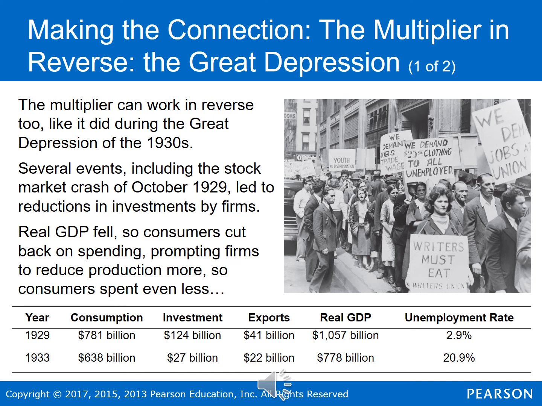And then after Congress passed the Smoot-Hawley tariff in 1930, there was a trade war between us and other nations that significantly reduced our exports. After that, there were waves of bank failures that began in the fall of 1930. So there were a lot of problems in the macroeconomy that we were dealing with at the time.